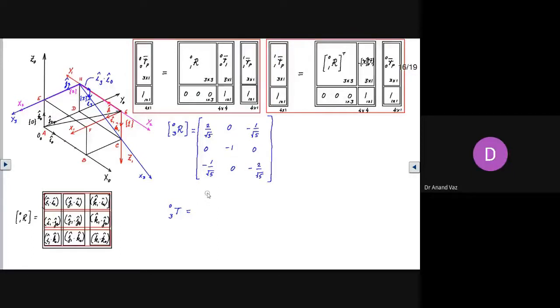R matrix is 2 by root 5, 0, minus 1 by root 5.